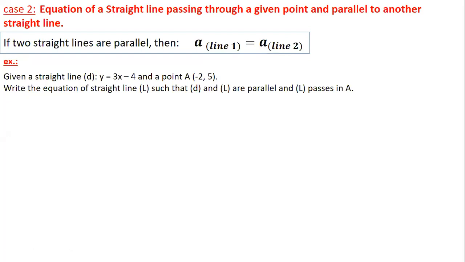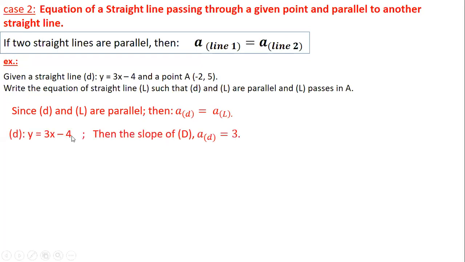If line D has a slope 3, what will be the slope of line L? The same, because they're parallel. It will be 3. So look what we write. We write, since line D and line L are parallel, then the slope of D is equal to the slope of L. Now, line D is 3x minus 4. Please pay attention.